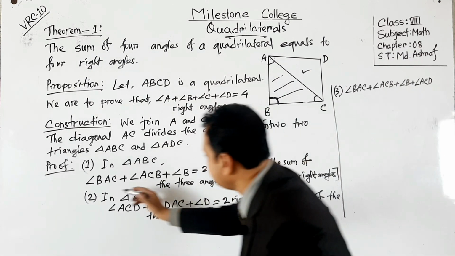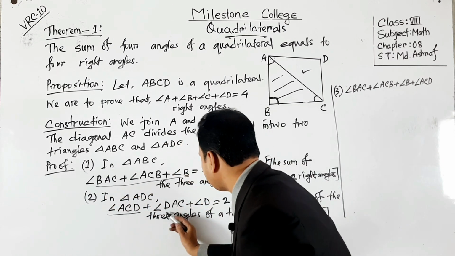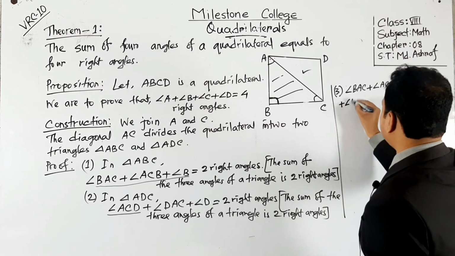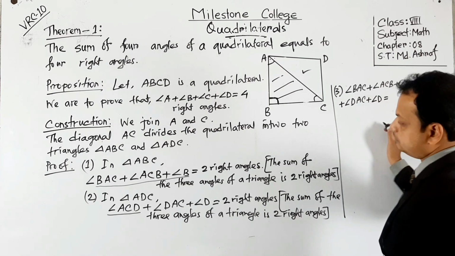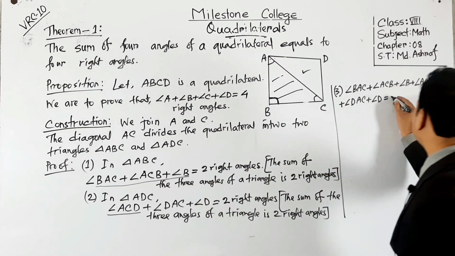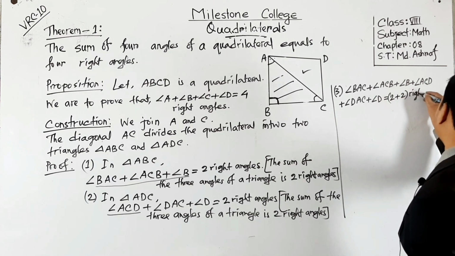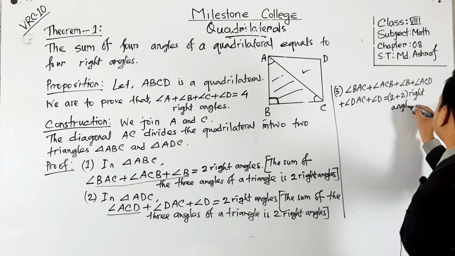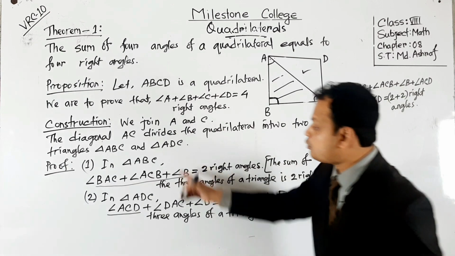So I have added this one with this one. Then I write this part: angle DAC plus angle D equals 2 plus 2 right angles. So what we have done here is added 1 and 2.